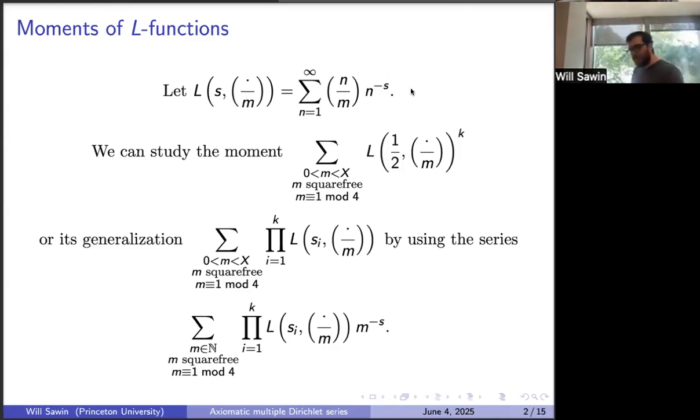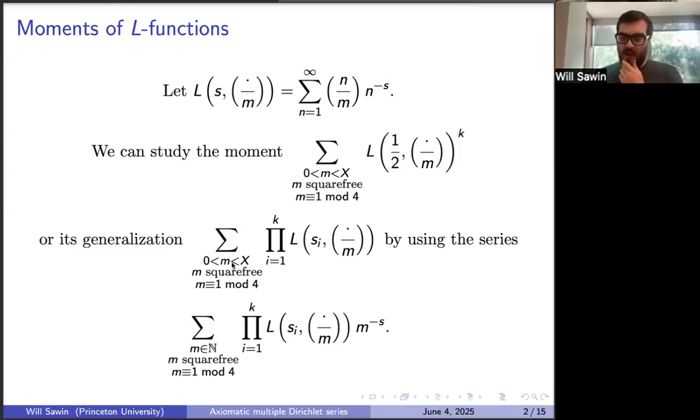And if you have some understanding of the analysis of the function, where its poles are, you can apply Tauberian theorems and things like that to recover analytic information about your original sums. That worked very well with L functions. L functions have been very useful for studying prime numbers. And so it's natural to try that thing again.